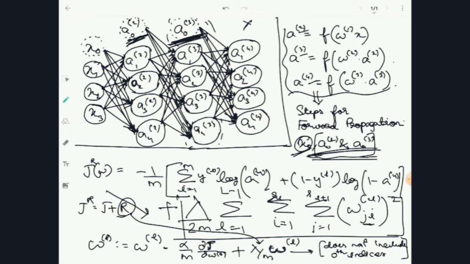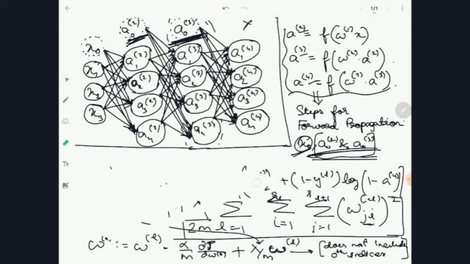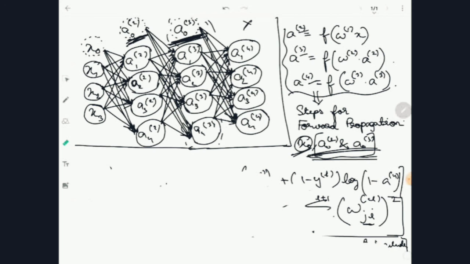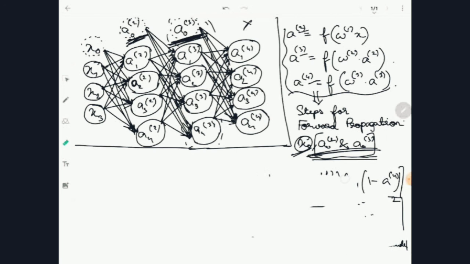And finally I just want to write down the general formula for calculating the gradient or the partial derivative after you are done with all the del values.